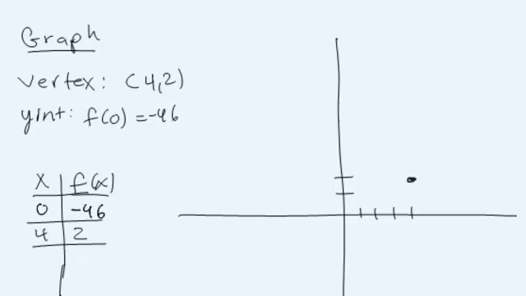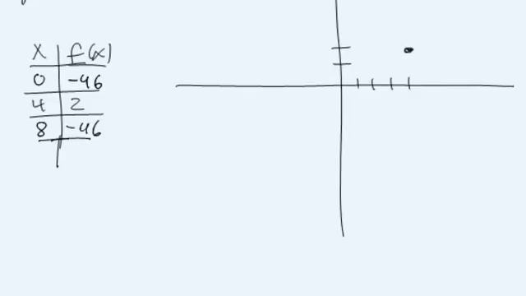Since the x value 0 is 4 units away from 4, another value 4 units away, to the right of 4, which is 8, is also going to have a y value of negative 46. That's just going off the axis of symmetry. Since 0 and 8 are both 4 units away from 4, both of these are going to have the same value.